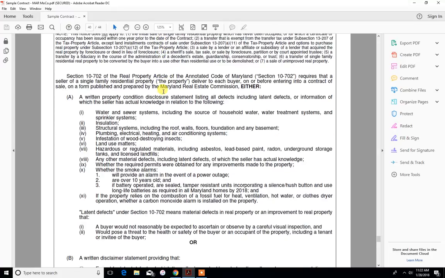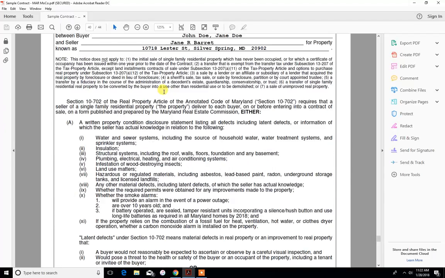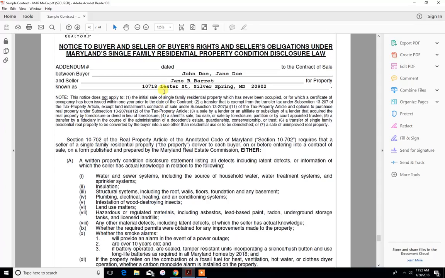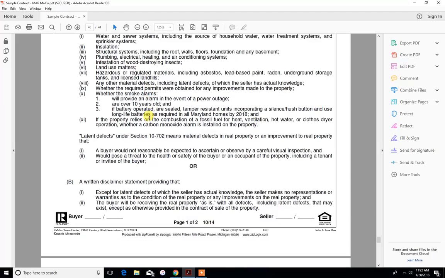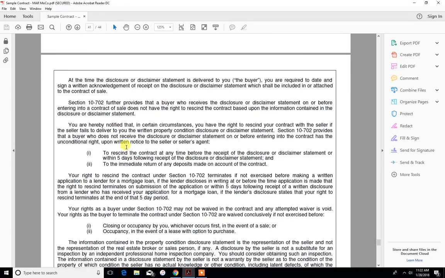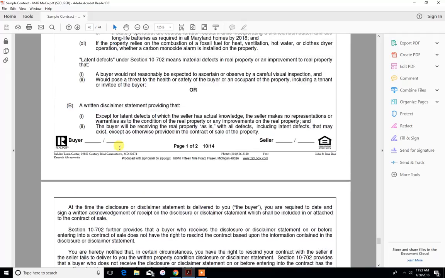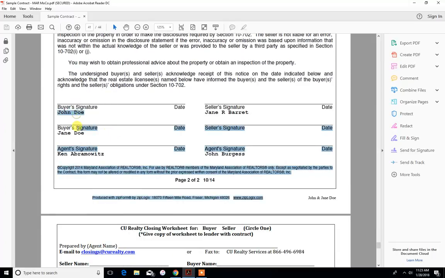This says they're supposed to get the disclosures from the seller at the time they write the contract. If they do not get these disclosures at the time of the contract and get them after we've written the contract, they have 5 days to review them. And if they don't like what's in there, they can kill the deal. So I have them initial here and then sign here and here.